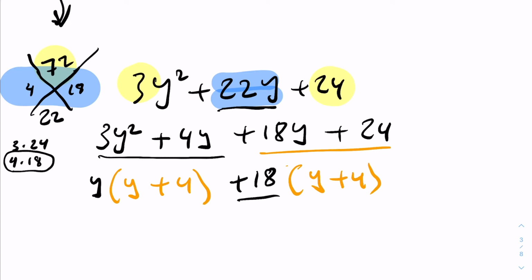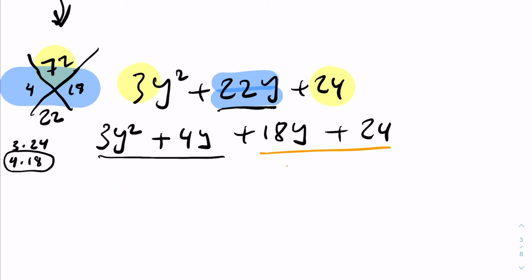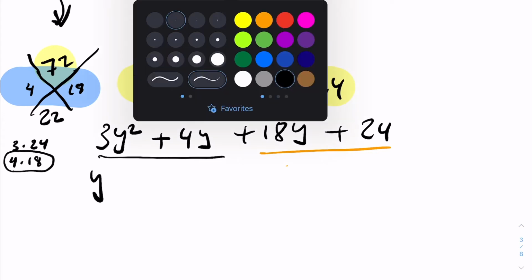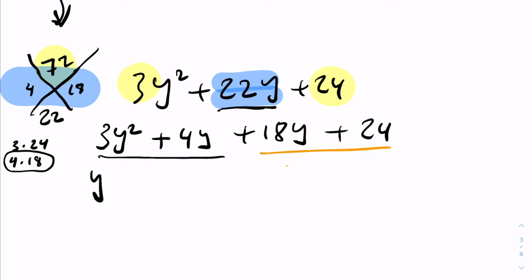Let me just get rid of this whole line and start again. I need to factor out a common factor, which is just y. Right? When I take a look at this, not 3, because 3 doesn't go into 4. So we factor out a y, and we're left with 3y plus 4. So 3y plus 4 is the group I'm looking for, and can I make that happen?